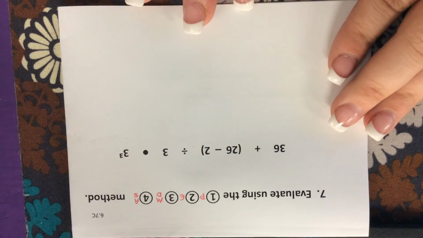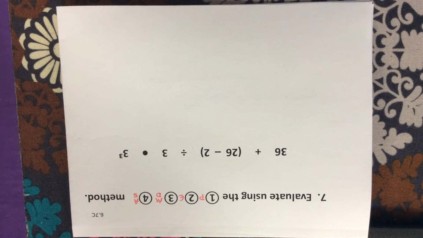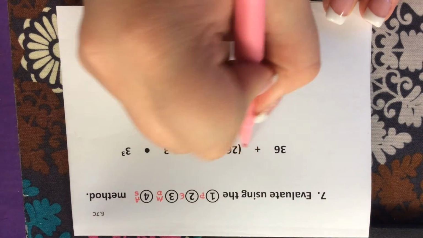Question number 7. Evaluate using the 1, 2, 3, 4 method. 1 is parentheses, 2 is exponents, 3 is multiply divide, 4 is add subtract. Let's look at our number sentence, and we're going to go ahead and label those processes.